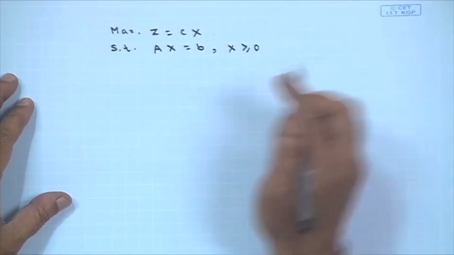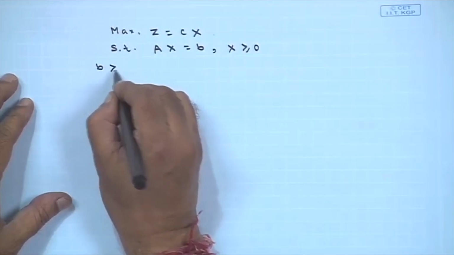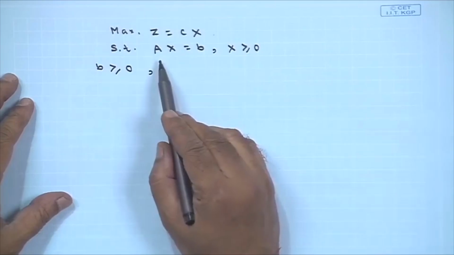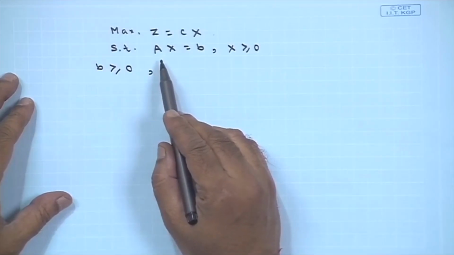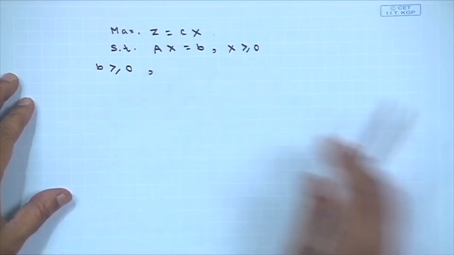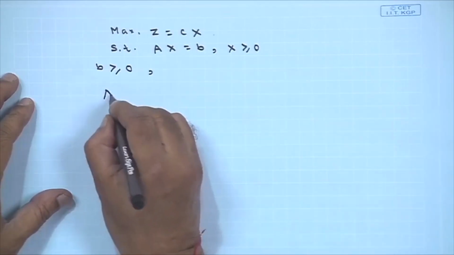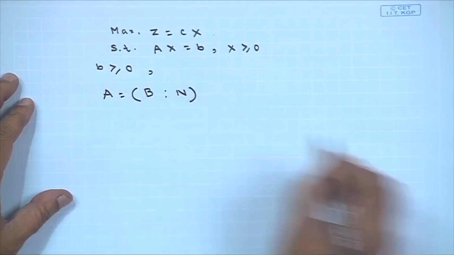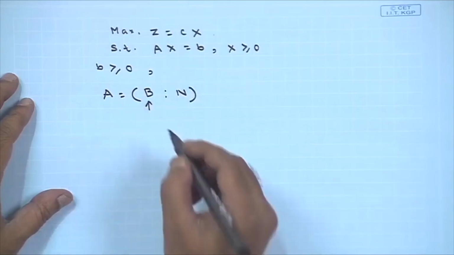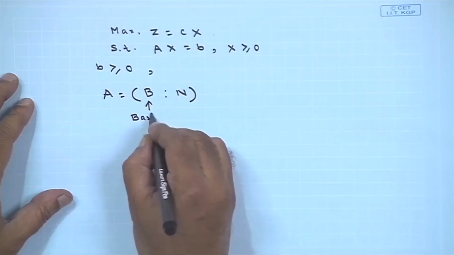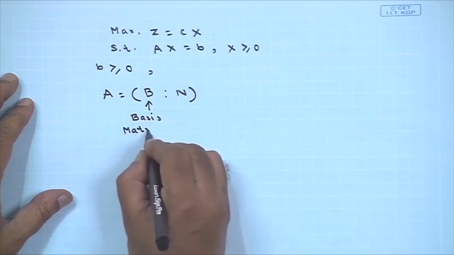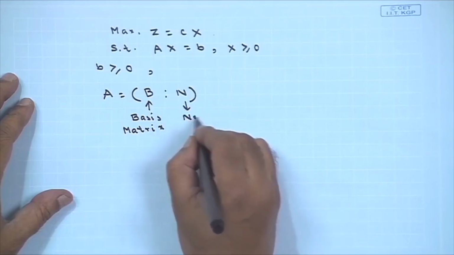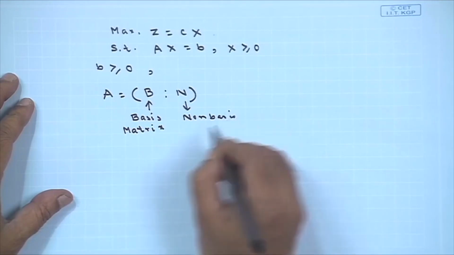Let us make two assumptions. One assumption is this B is greater than or equal to 0 and A has the full rank. These two assumptions we are making, that is B greater than or equal to 0 and A has full rank. Then we can write down A as B and N. Basically B is the basis matrix and N is the non-basis matrix.